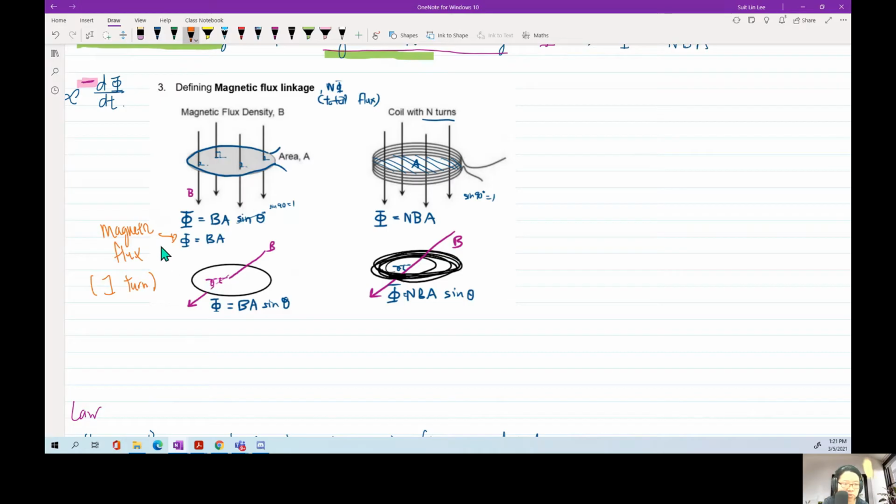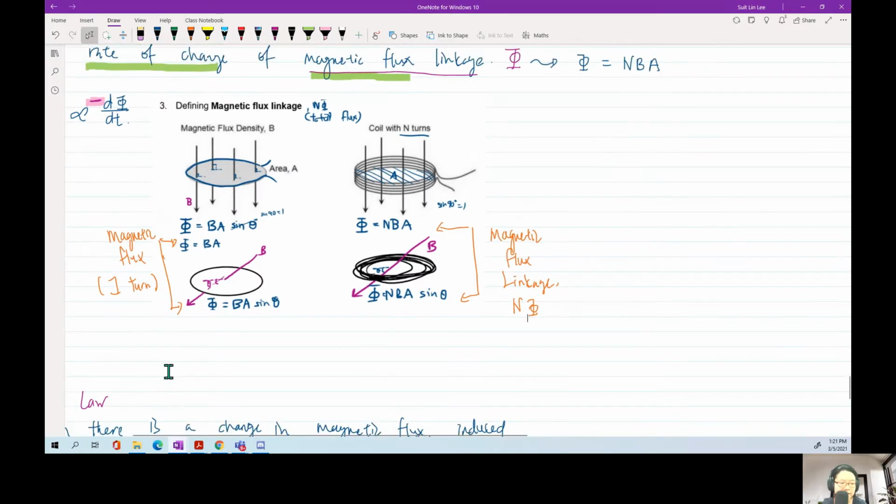NBA, or NBA sine theta, the National Basketball Association, this will be magnetic flux linkage. That's why they call this N flux. Don't be too hung up on this. Whenever there are multiple turns, we just multiply by how many turns there are.